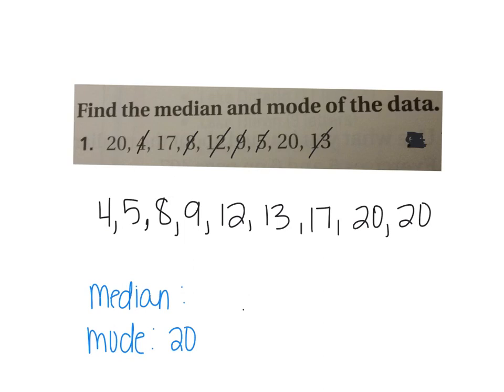Now to find the median, you're looking for the one in the middle. So to do that, you're just going to strike one off the front, strike one off the back, strike one off the front, strike one off the back. And you're left with 12, so you know your median is 12.